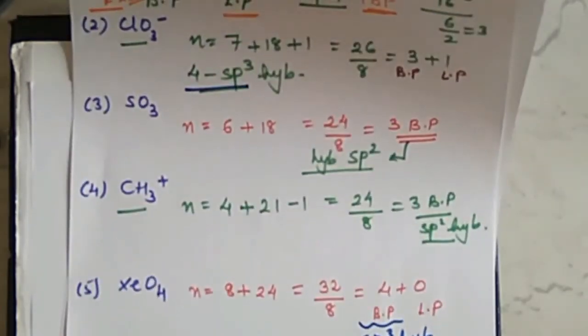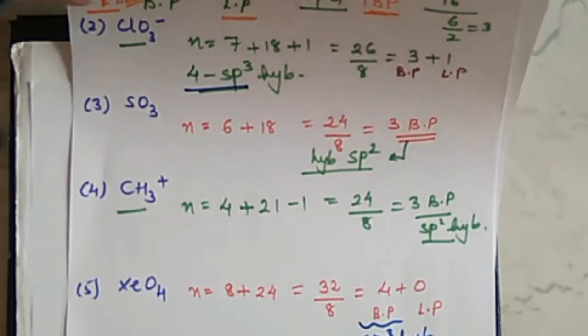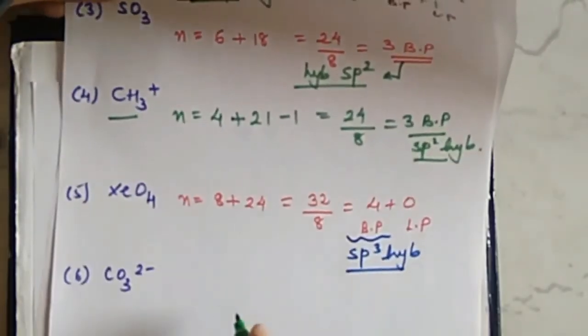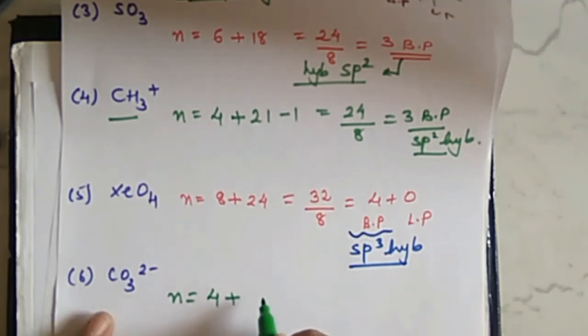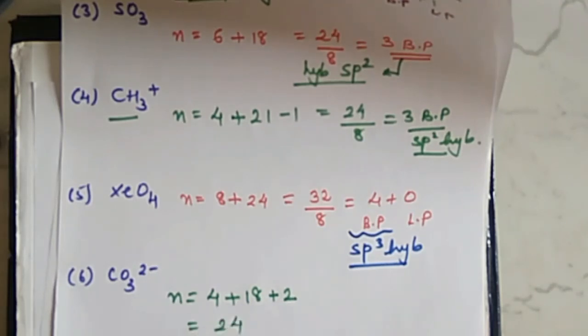Fine. One more example we will take, that is CO3 minus 2. Now in CO3 minus 2, the total number of valence electrons N is equal to, on carbon we have 4 plus oxygen, that means 6 into 3, 18, minus 2, so we add 2, so we get 24 again here. 24 divided by 8 is 3, no remainder, so 3 plus 0.